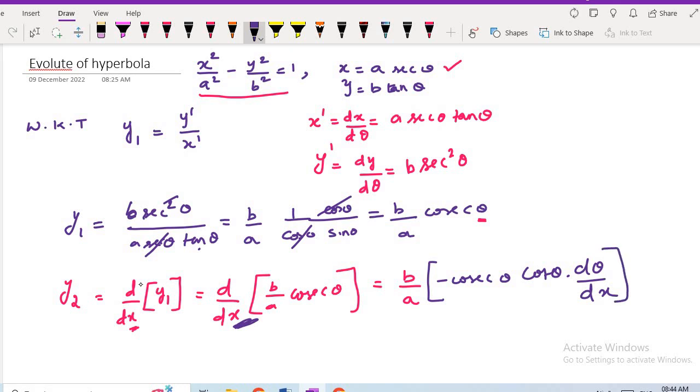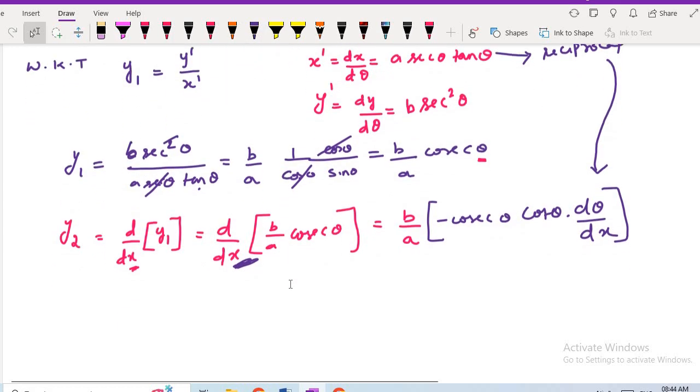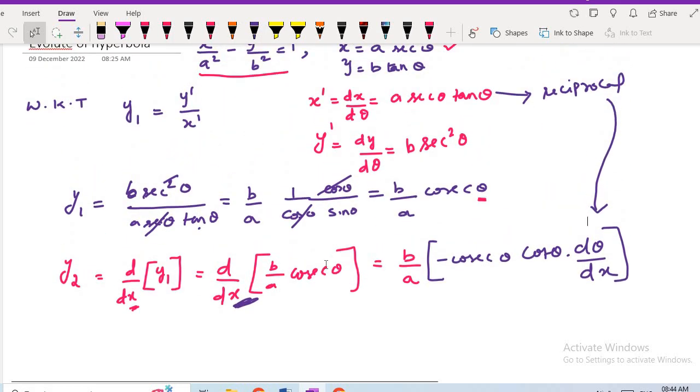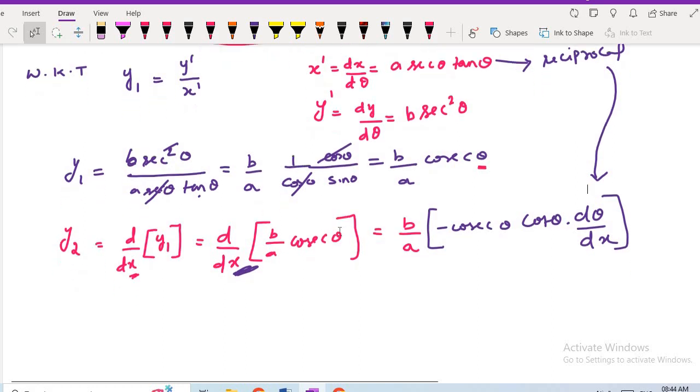Already we have dx by d theta. If you take the reciprocal, you are getting this value. So now you can apply it. The value you are getting is a secant theta tan theta.